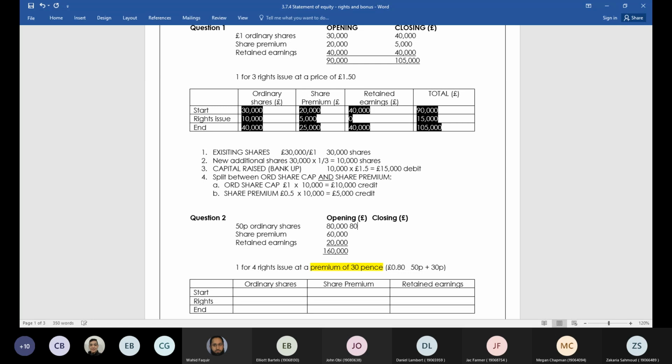I'm sure most people have done this, but divide that by 50p. Yeah, exactly, Charles. Yeah, the way they say that puts you off. But the premium tells you that you shouldn't go wrong, really. That's how many additional shares have been issued. So I've done my work in there, just very quickly. Because the 50p shares, that's the number of shares that they've issued, and then plain sailing from there.